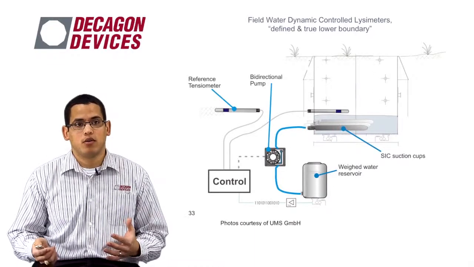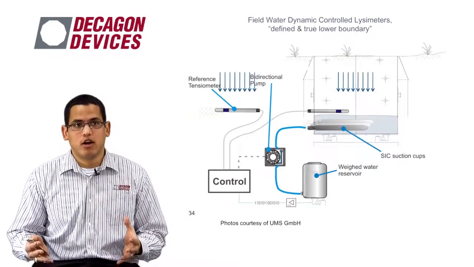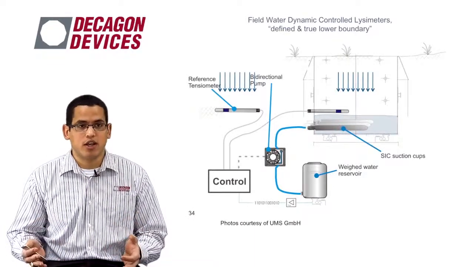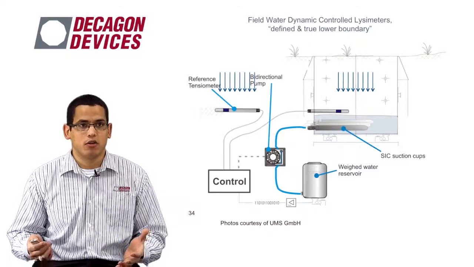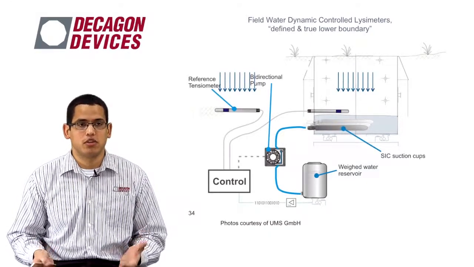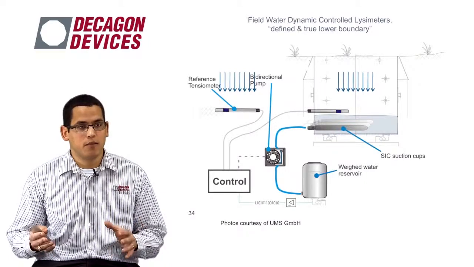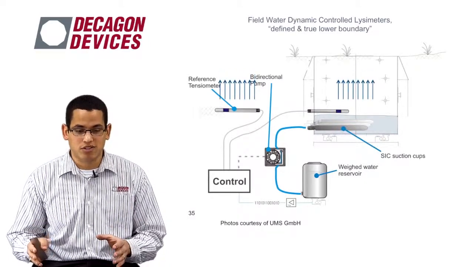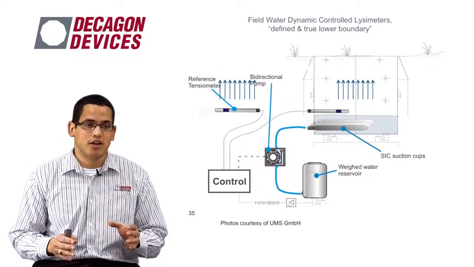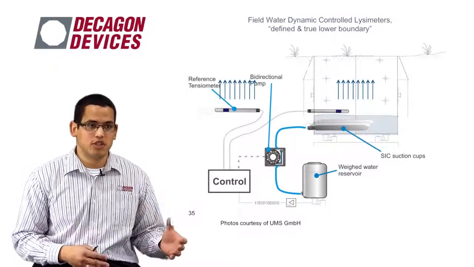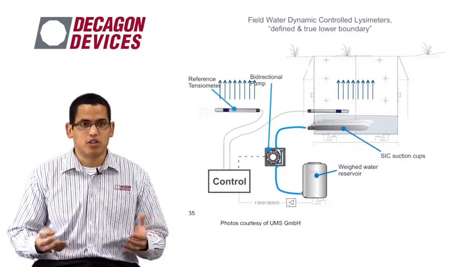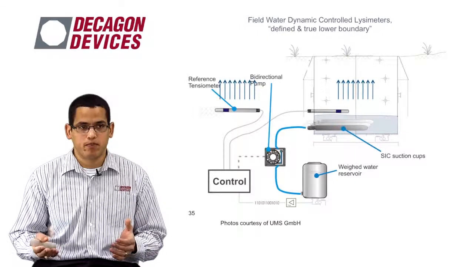Now, what happens sometimes is when you have soil drying down and you have water moving through the soil due to capillary rise, the soil in the lysimeter can dry out faster than the actual soil, because there's no water being pumped back through.